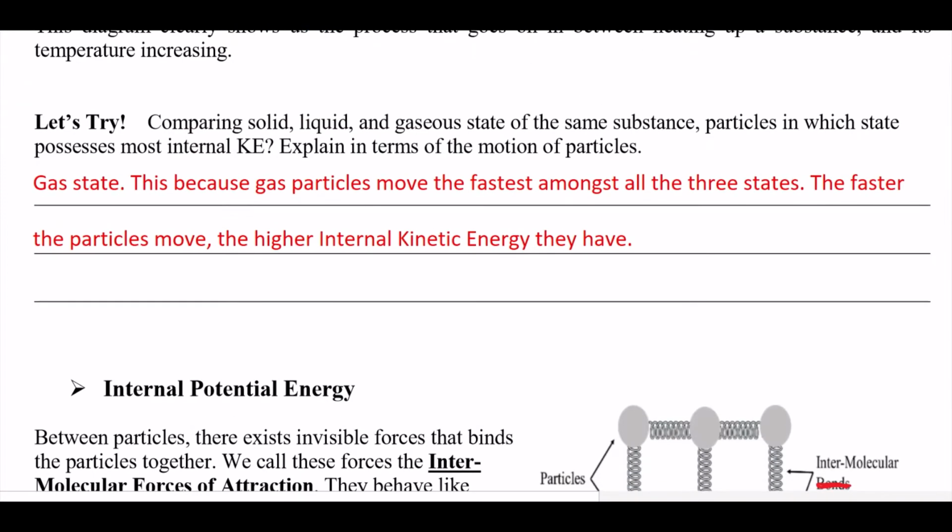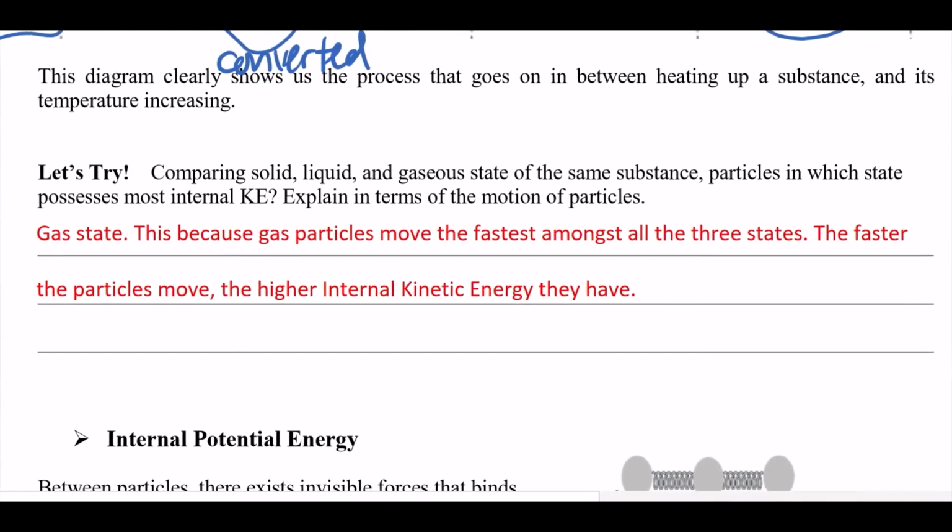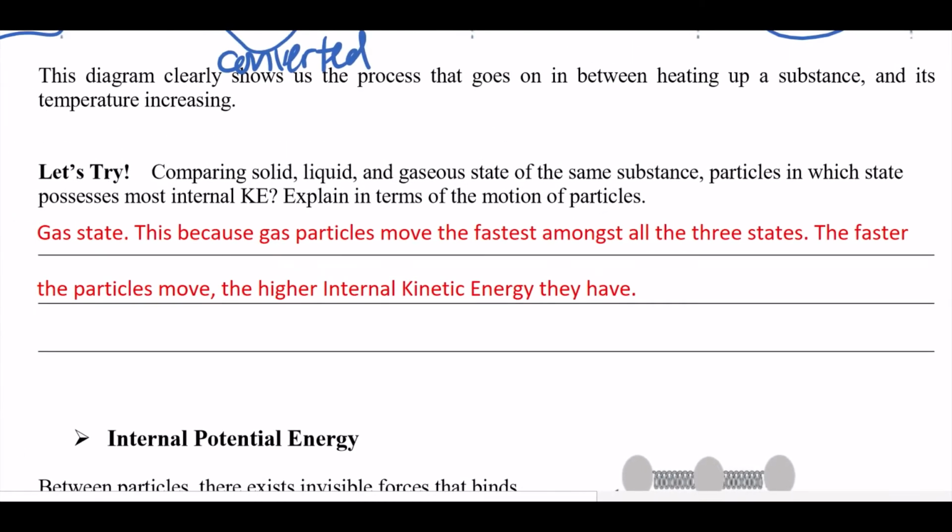Okay, so some practice question here. Comparing solid, liquid, and gaseous state of the same substance, in which state do the particles have the most internal KE? For that, you have to recall a little bit the motion of the particles in the three states. For solid, particles vibrate about fixed positions.